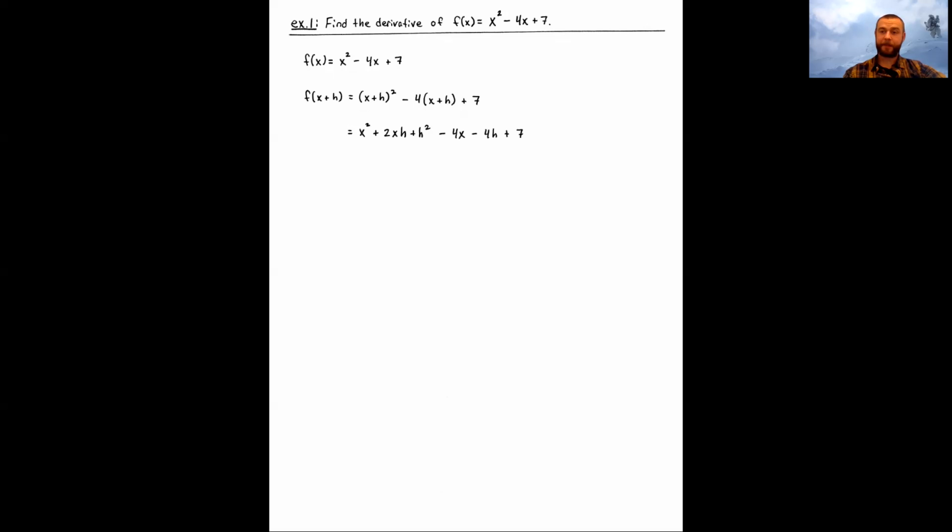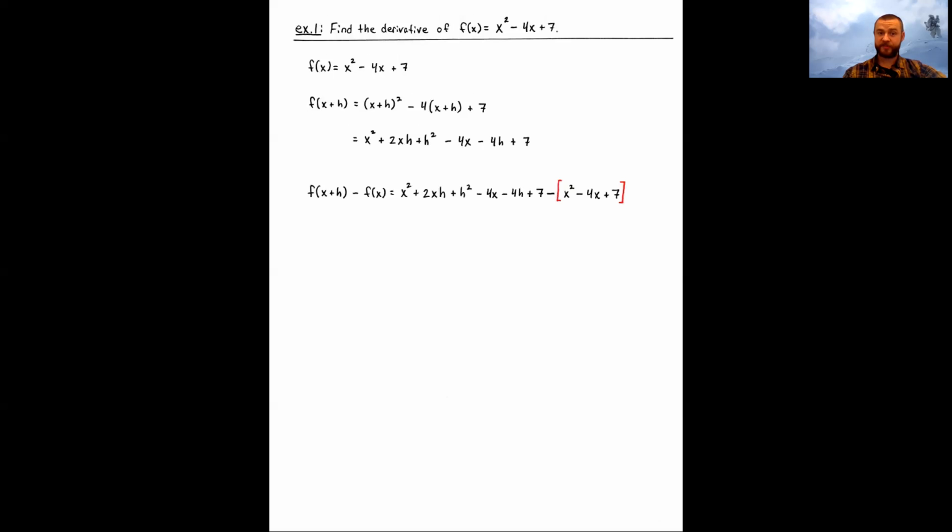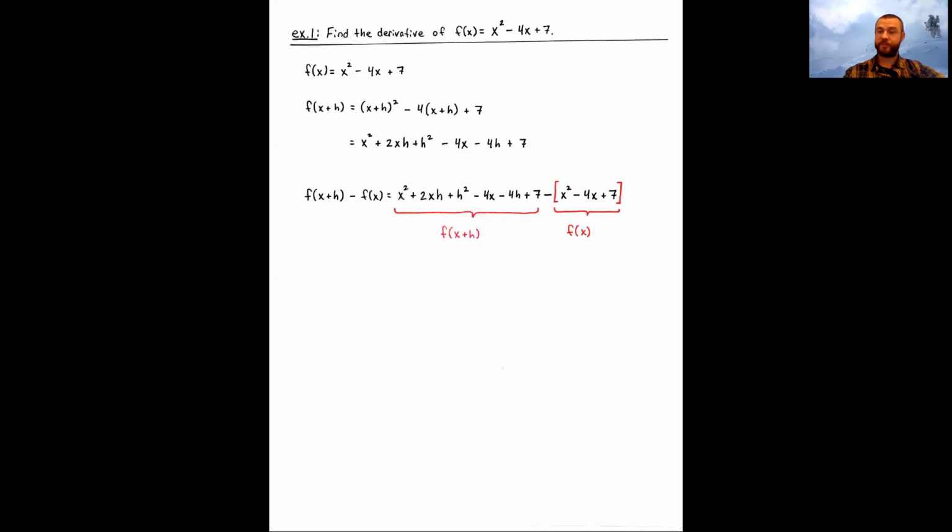We can move on to step 2, the difference, f of x plus h minus f of x. Notice I am myself using that tip of using parentheses around f of x, what we're subtracting. Just to underline them so you see them, those are the individual terms. All the big amount of terms, that's 6 terms, that's f of x plus h.